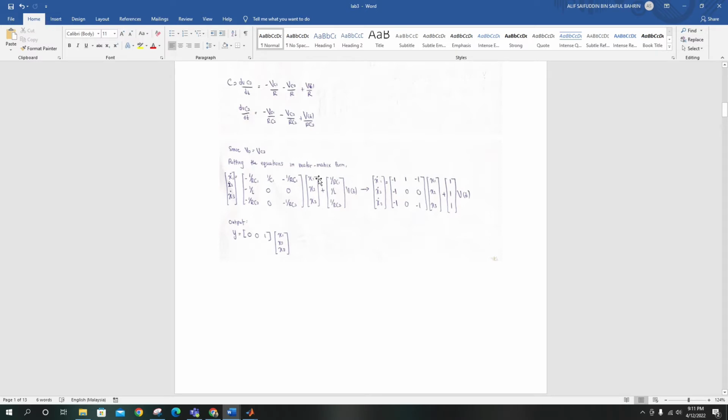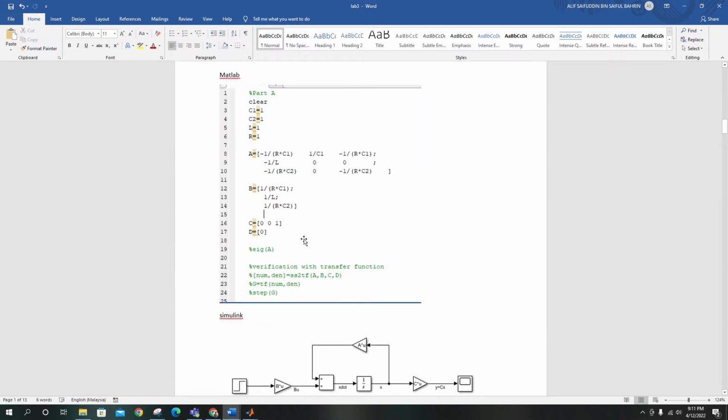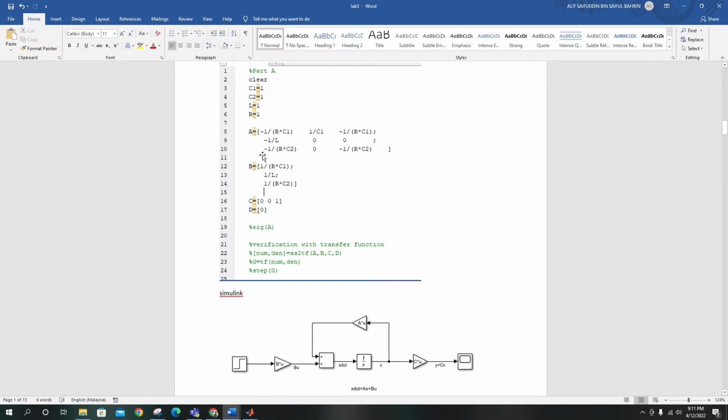So we arranged the equations into 1 over RC1, 1 over L, and 1 over RC2, and the output is y equals 0, 0, 1 times x1, x2, x3. For the MATLAB code for part A, we stated that C1, C2, L, and R equal 1, and entered A in matrix form.